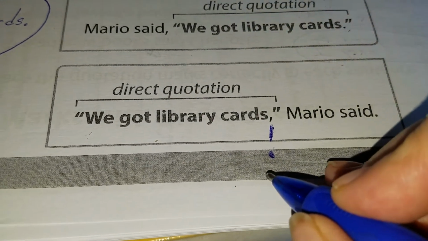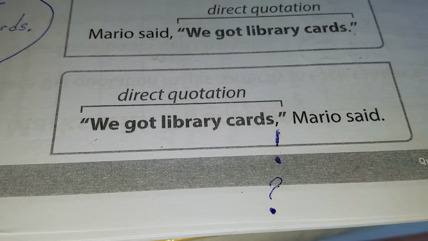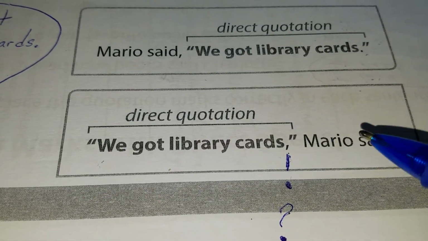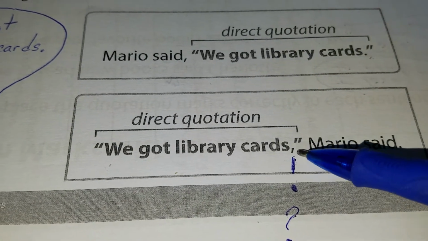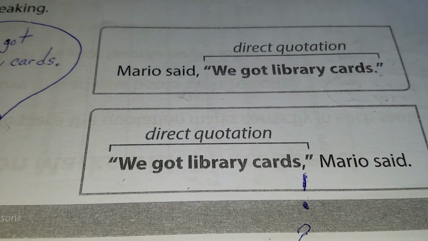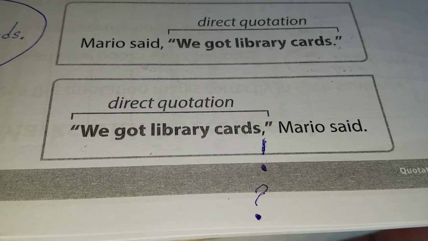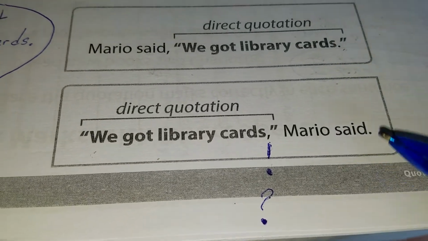The question mark would go right there, and we would not use this comma. It's only if it's a direct, plain sentence that we change that period to a comma. Again, this is why English language learners cry, because this makes no sense. All right, so be aware of how this goes.